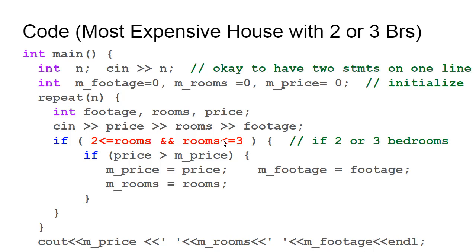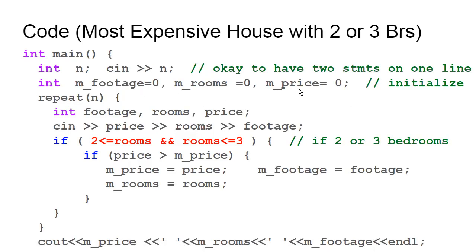This is one way to express this condition; there are many other equivalent ways. And inside this if statement, we check whether the price of the current house is greater than the max price. If it is, then we need to update the stored information to store the current house. So when this loop is done, we have the information of the most expensive house stored in the 3 variables here.